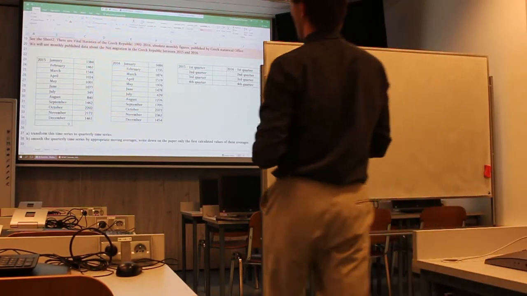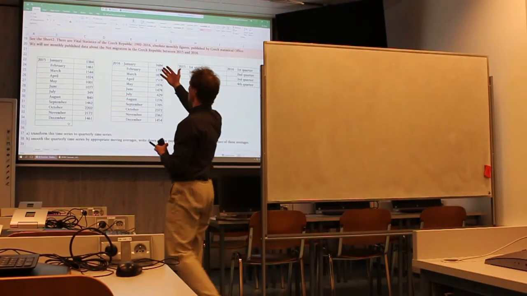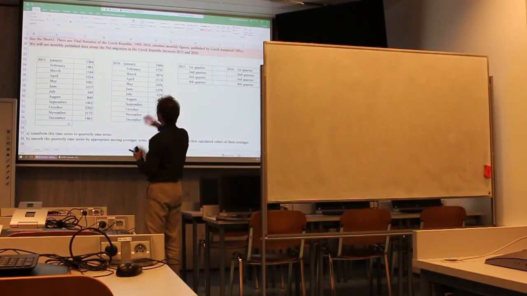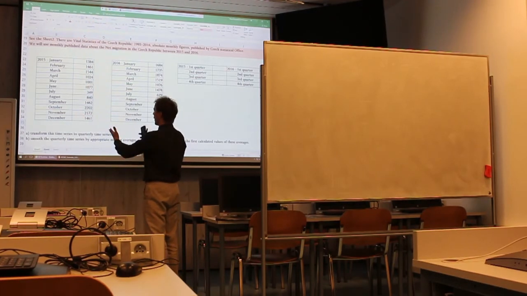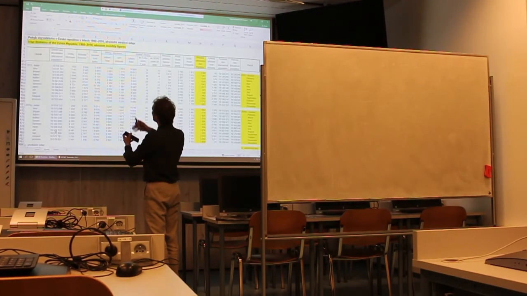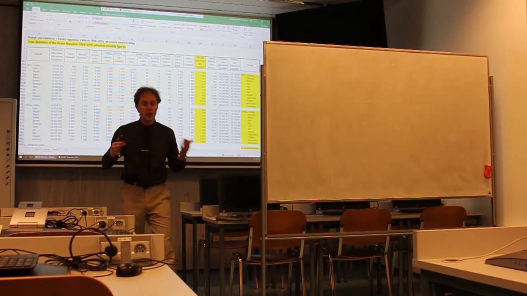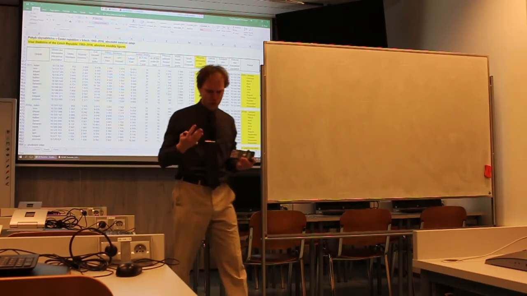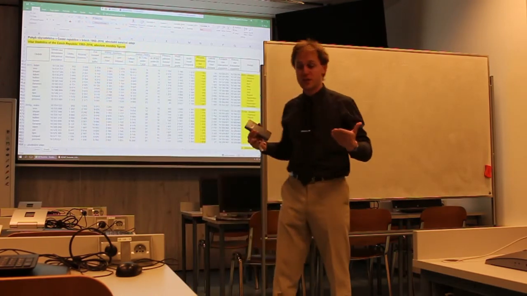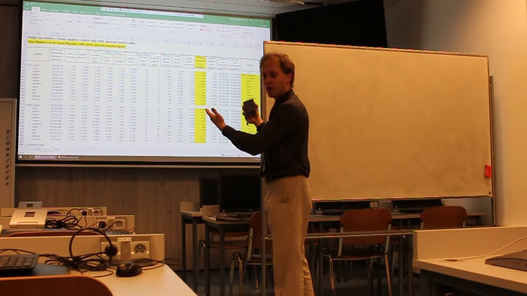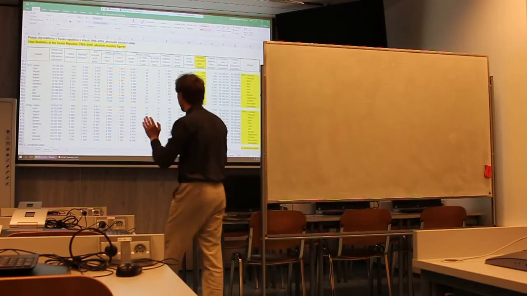Okay, another example, see the sheet 2. So we will look to the sheet 2 in this Microsoft Excel. There we have vital statistics of the Czech Republic. This is a sheet, a table, which is published by the Czech Statistical Office. Yes, demographic table with demographic data.